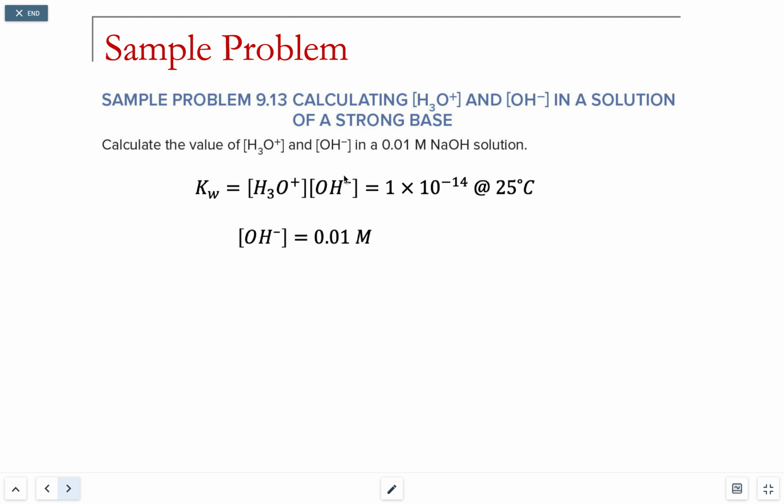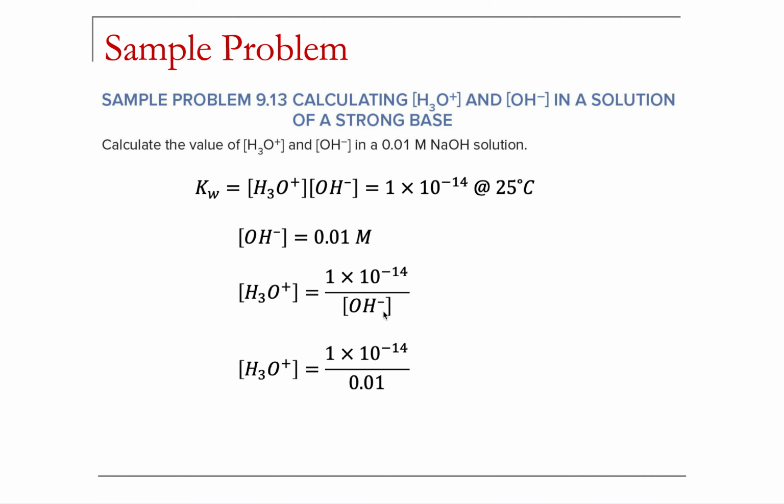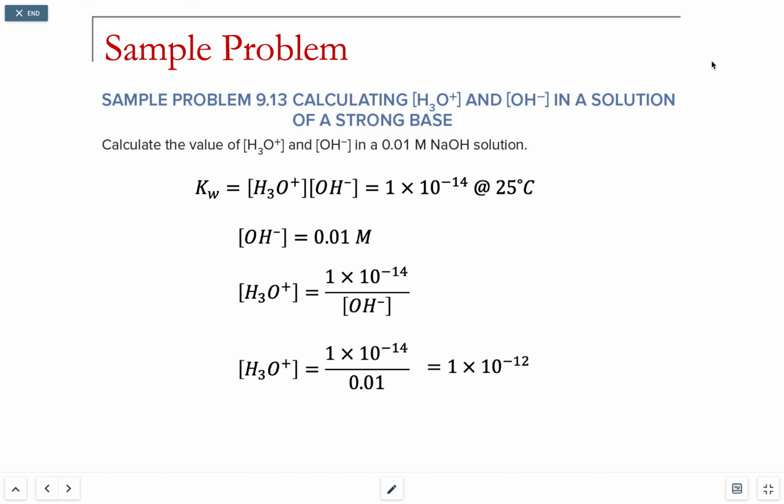So if we know that, we simply divide both sides by hydroxide to solve for this. Plug in our hydroxide, which is 0.01 molar, and we get 10 to the minus 12th molar. Actually, the unit is missing, it should be M.